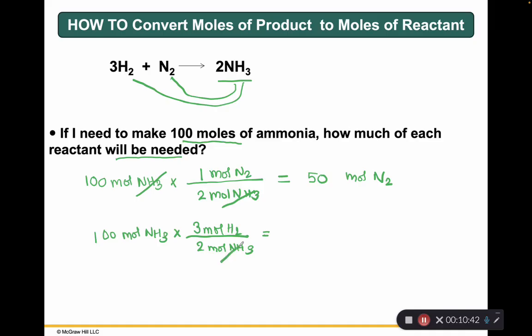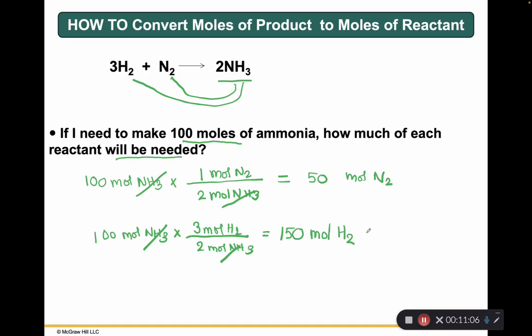So 100 times 3 is 300, divided by 2 is 150. 150 moles of hydrogen are needed to make 100 moles of ammonia.